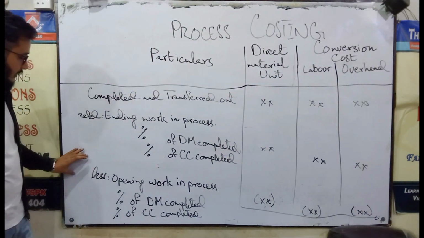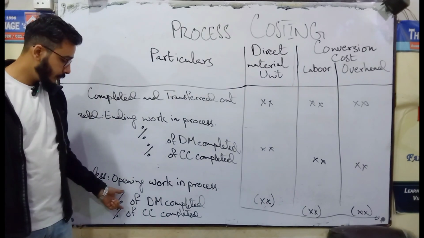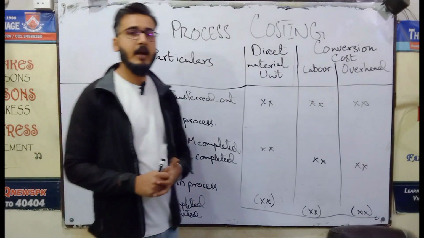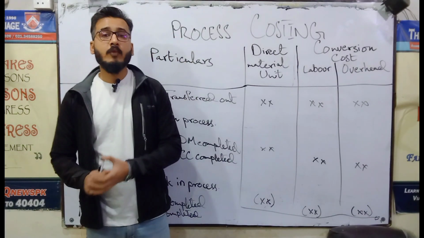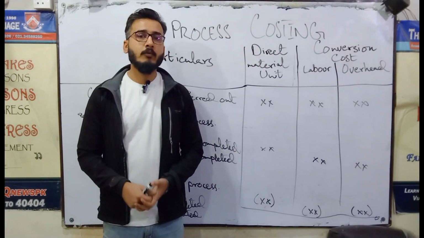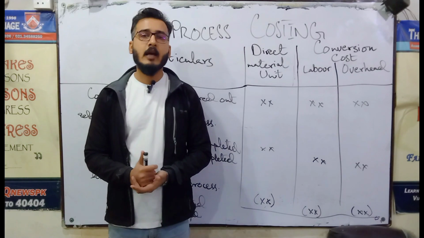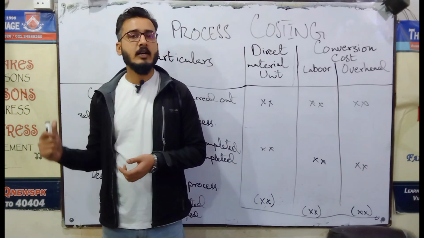Then we will deduct the opening work in process units up to the percentage completed as per the direct material and conversion cost. Why are we deducting this? Because we got this opening work in process from the last period, and whatever units have been completed from this belong to the last period.